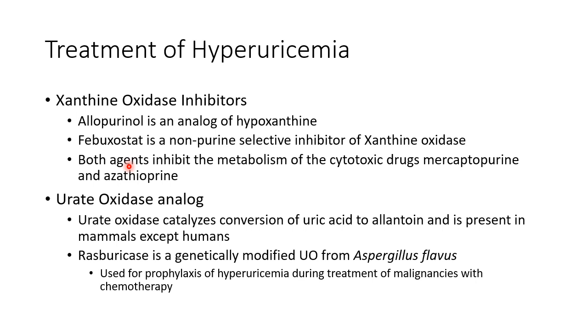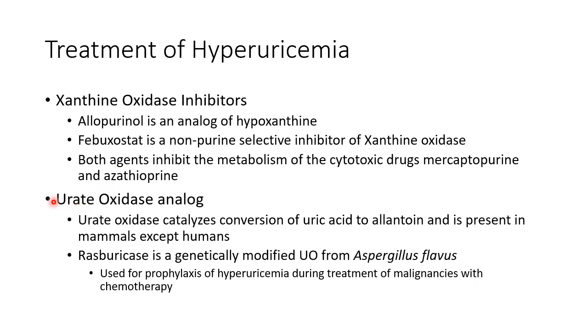Then azathioprine levels in the blood will increase and lead to toxicity, which is not an unusual scenario in patients who have lymphoma and leukemia, who are given azathioprine but at the same time given xanthine oxidase inhibitors for the prevention of tumor lysis syndrome.